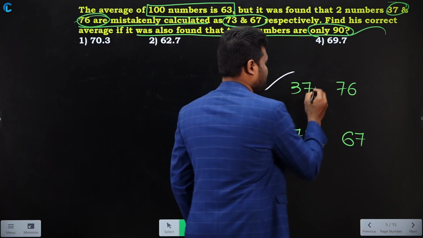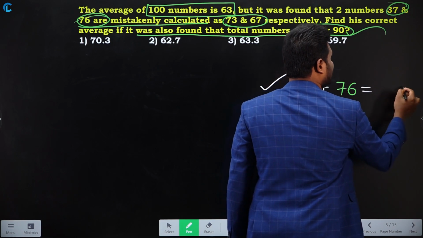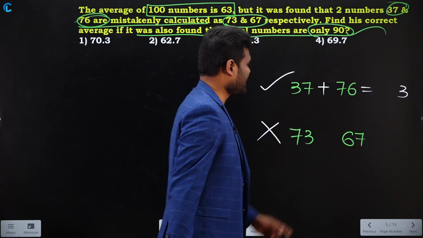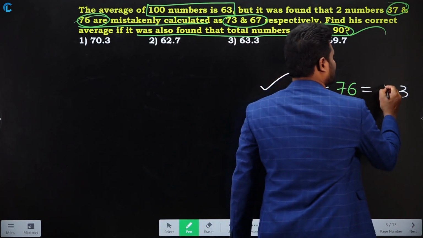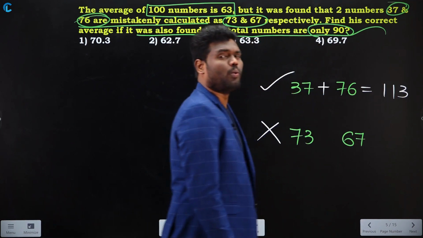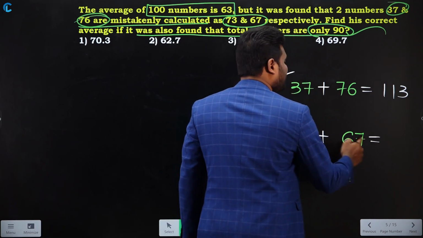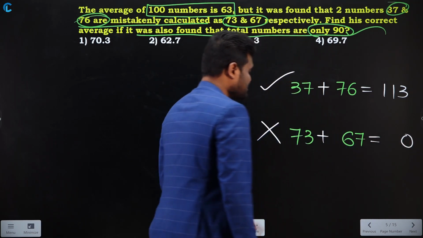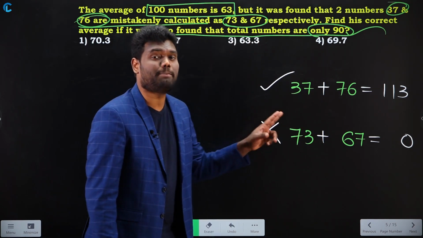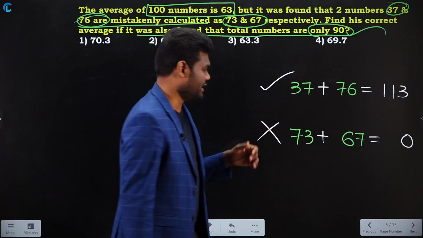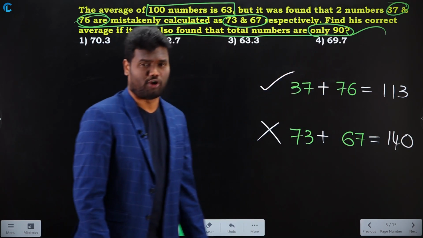Just add them. 7 plus 6 is 13, 1 carry. 3 plus 7 is 10, 10 plus 1 is 11. So this is going to be 113. Similarly, adding the others, 70 plus 60 is 130, and 130 plus 10 is 140.